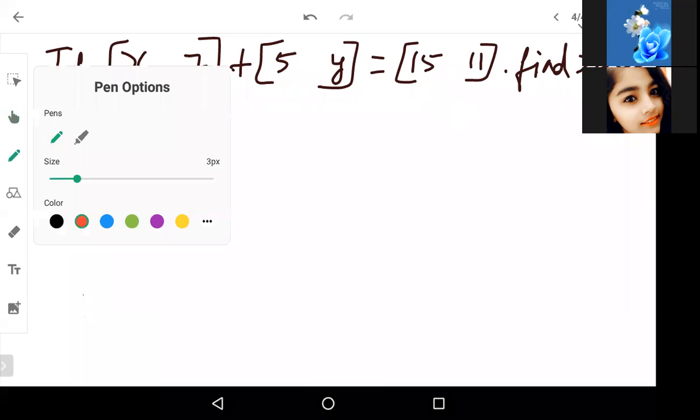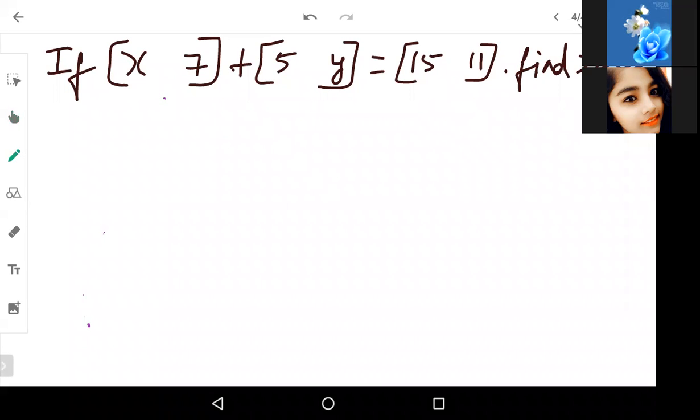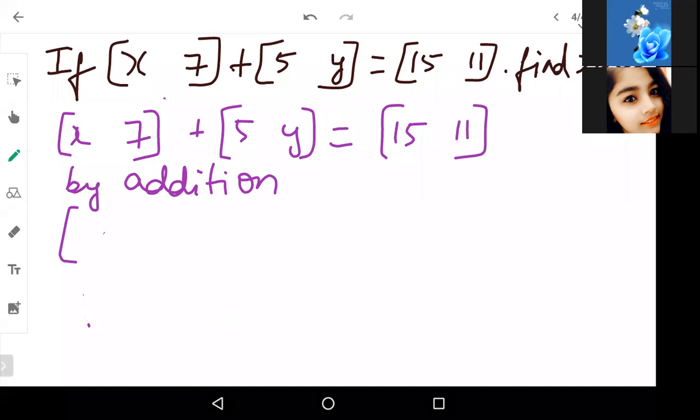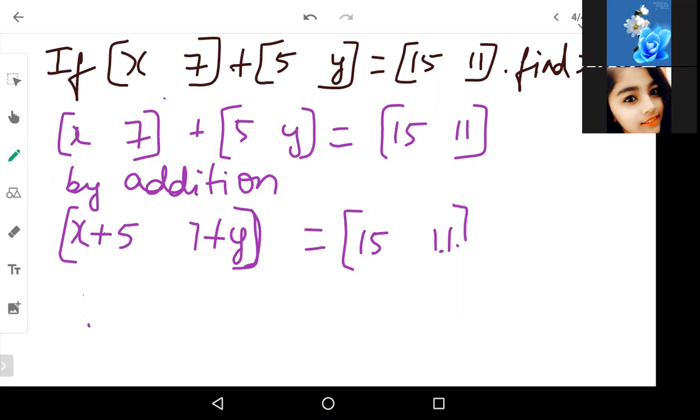Okay. So let us start. Now here we have [X 7] plus [5 Y] is equal to [15 11]. Okay. Now in this case what will happen is we will be adding first. So by addition, [X plus 5, 7 plus Y] is equal to [15 11].